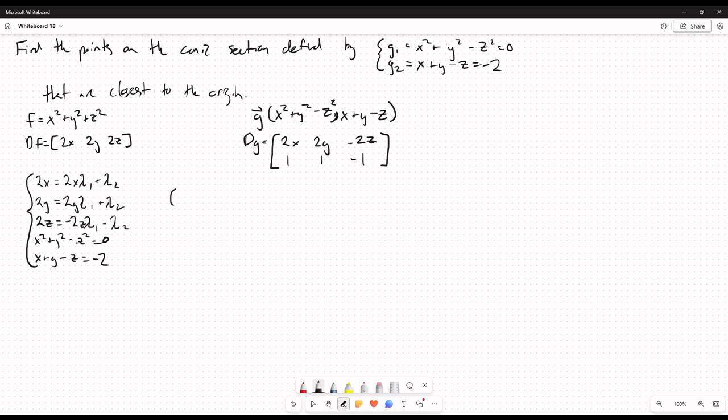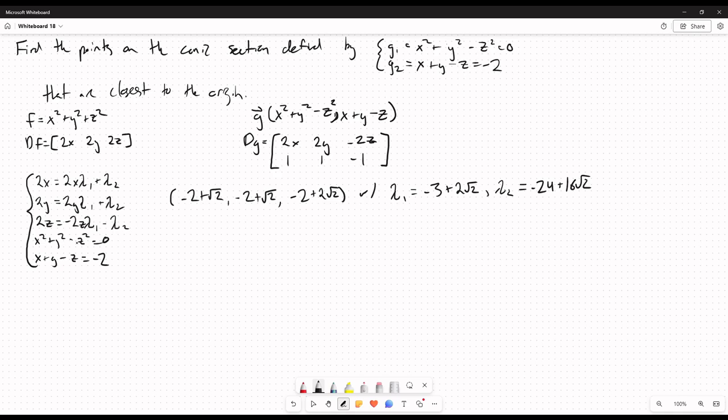It looks like, I'm reading this from the book, negative 2 plus square root of 2, negative 2 plus square root of 2, negative 2 plus 2 square root of 2, with lambda 1 equals negative 3 plus 2 square root of 2, and lambda 2 equals negative 24 plus 16 square root of 2.